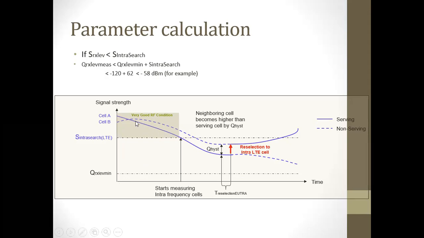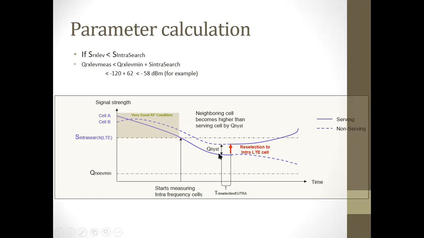But you are still not switching to the new cell. Cell A is still shown solid. It is still on your previous cell. Why? Because the difference in the signal strength is lower than the hysteresis margin. So you're not switching, but you keep measuring, of course. That you have to do anyway all the time.